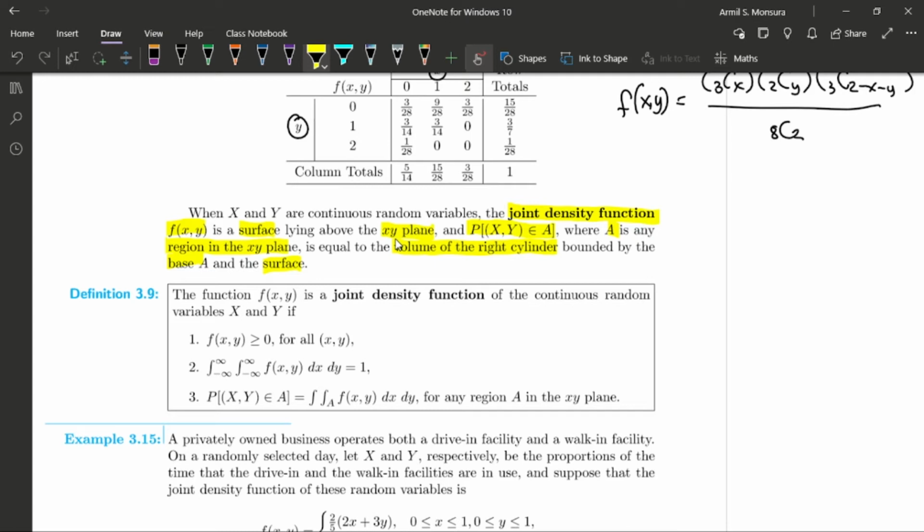So formally, we define the function f of xy, again the continuous case, to be the joint density function of the continuous random variables x and y if the distribution is 0 or positive for all values of x and y, and the integral of the distribution for both x and y variables is equal to 1, which means that the double integral, sometimes represents volume.